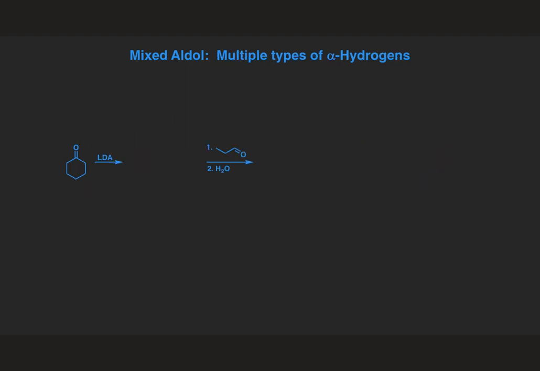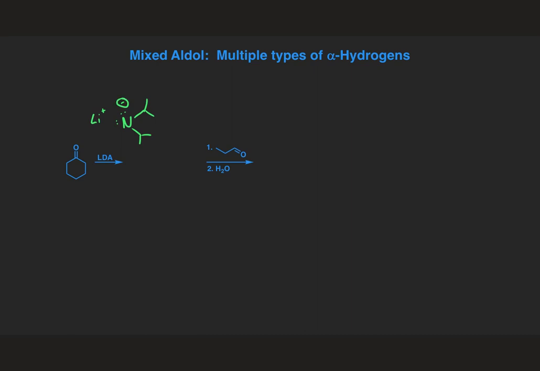If you want to do a mixed aldol reaction where multiple types of enolizable protons exist, rather than using sodium hydroxide that generates the enolate in an equilibrium, you can use a stronger base like LDA, or lithium diisopropylamide. It's this molecule here.